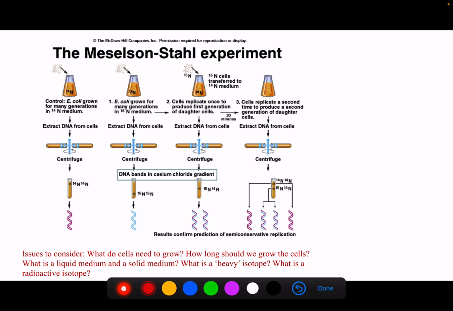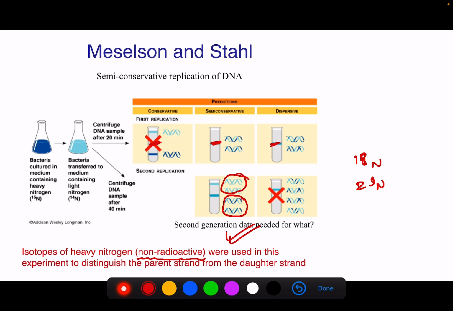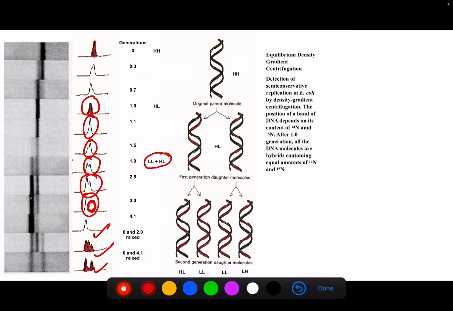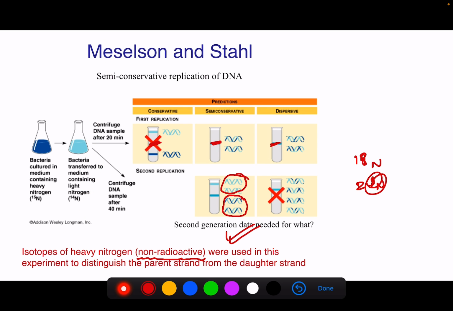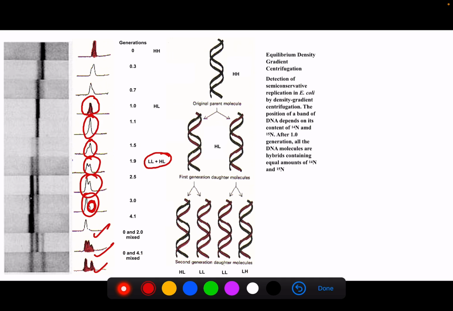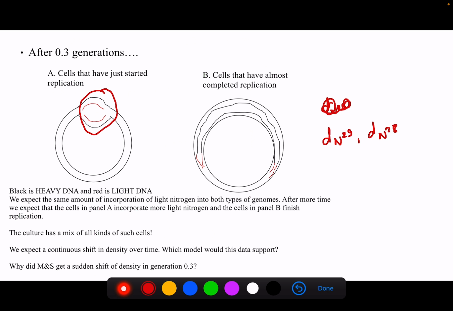Let's see what they have used. N14, N15. N15 is used, so N14 and N15 are used.